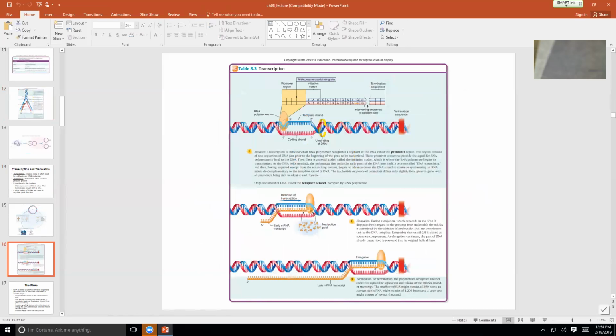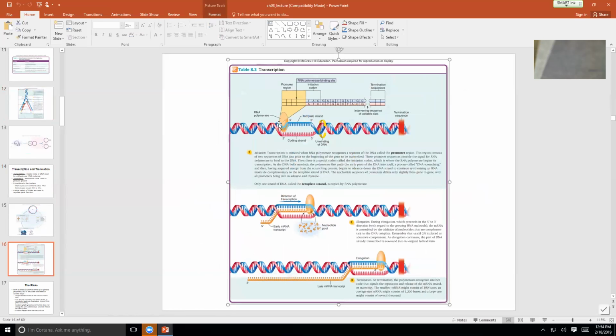But what we need to know first is that recipes are really held on only one strand, on one side. A recipe isn't held on both sides. It's not like there's a recipe from here to here. The recipe is only on one strand. And the strand that holds the recipe is called the sense strand.